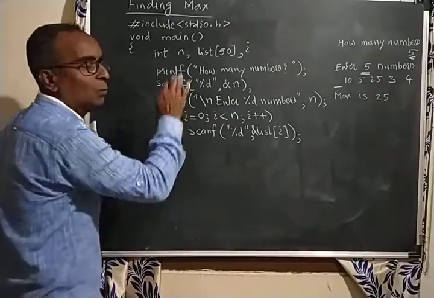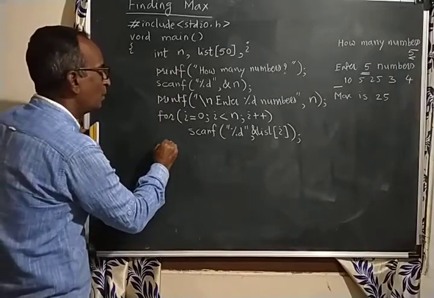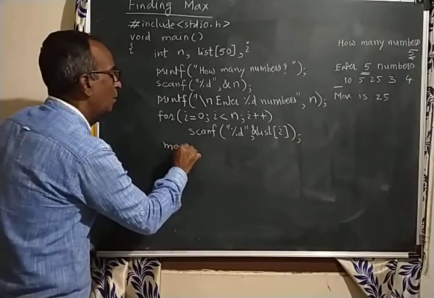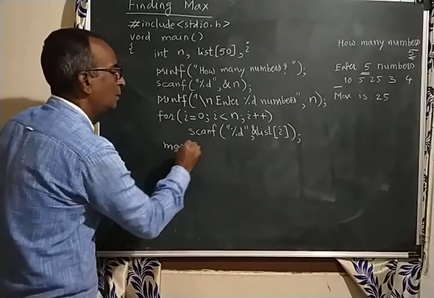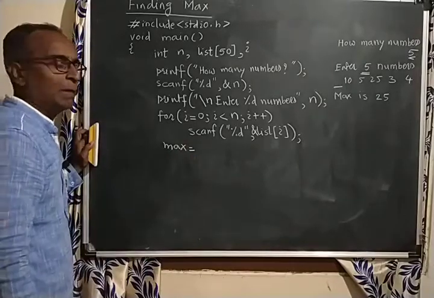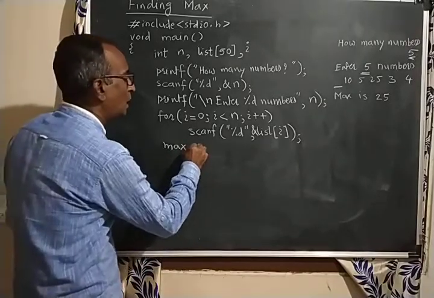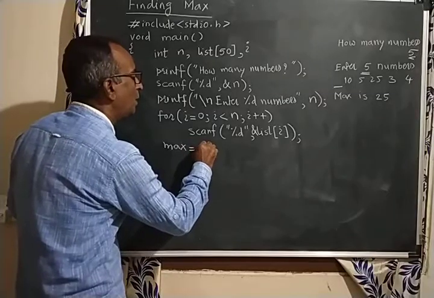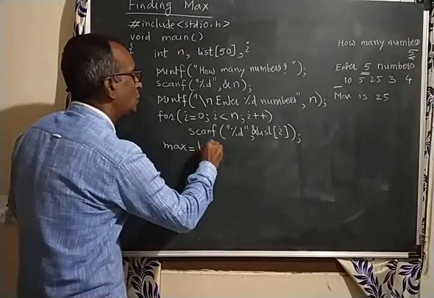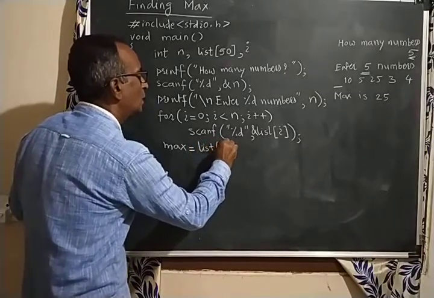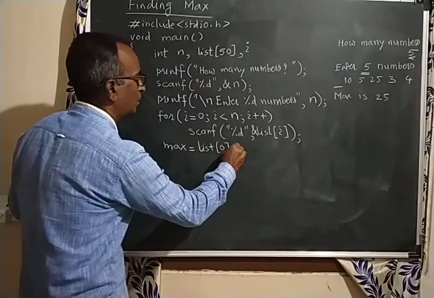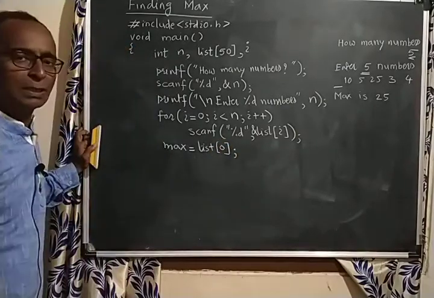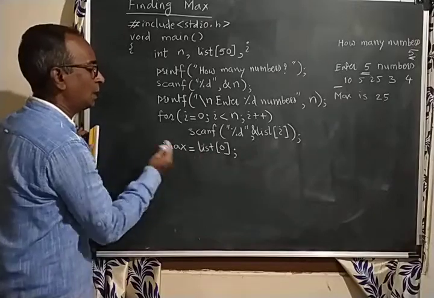What logic have you used? You have taken max as one variable, and then you give it the first element, that is list of 0. The first element is considered as max.